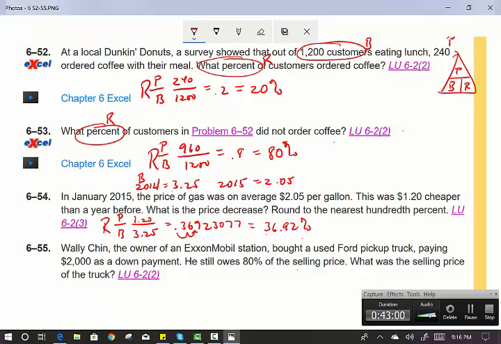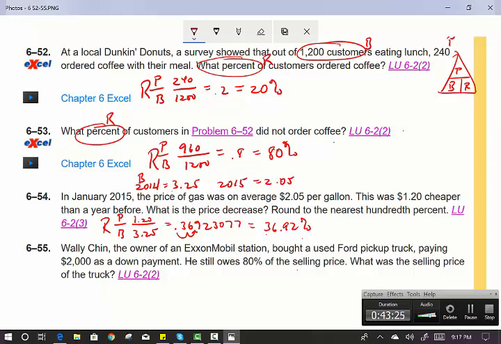Okay, number 55. Wally Chin, the owner of an Exxon Mobil station, bought a used Ford pickup truck, paying $2,000 as a down payment. He still owes 80% of the selling price. So what was the selling price of the truck? And so if we're looking for what the total amount of that truck was, we're going to be looking for the base.